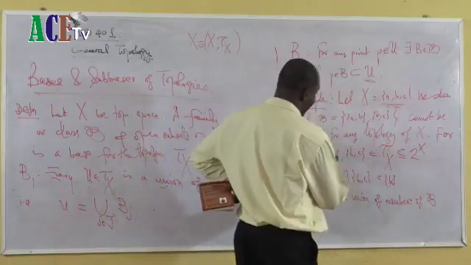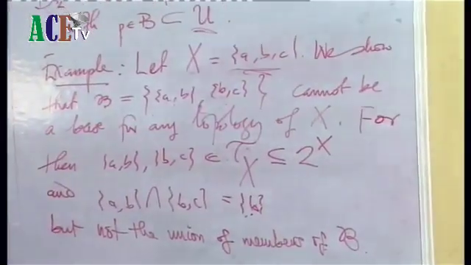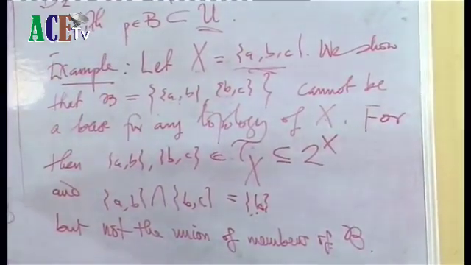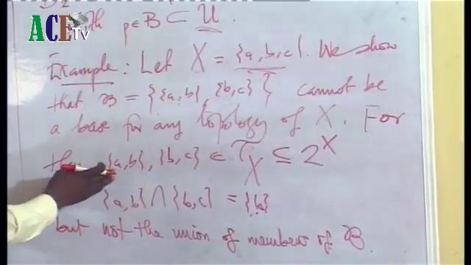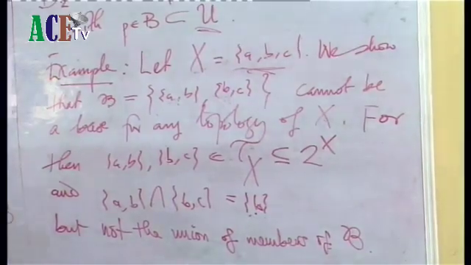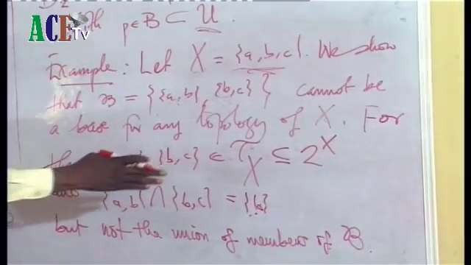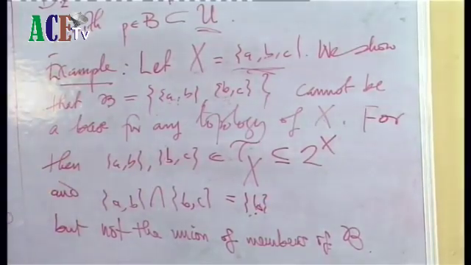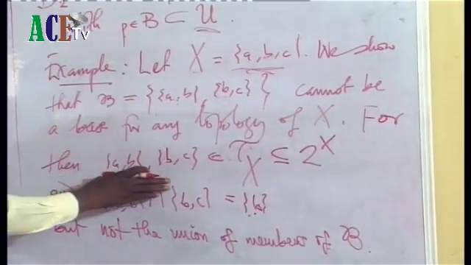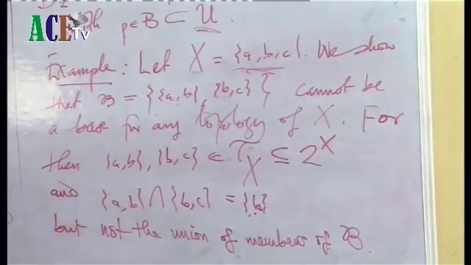Can we try A, for instance, singleton A? Now, you agree with me that A is in this, but it's not here. Now, if A is here, but is not in the second, can we determine whether this is a limit point?